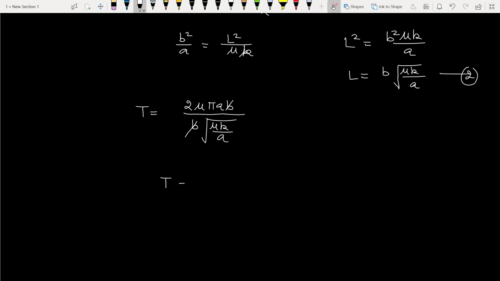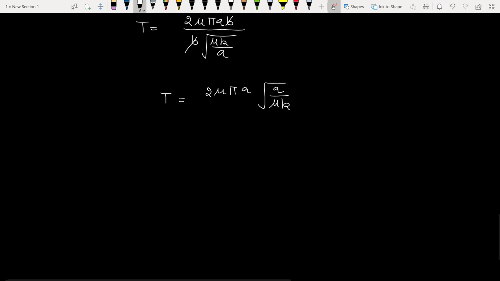So the time period will be 2 mu pi a root a upon mu k. So one mu cancels here, square root of mu will be left. So T is equal to 2 pi under root mu a cube divided by k.